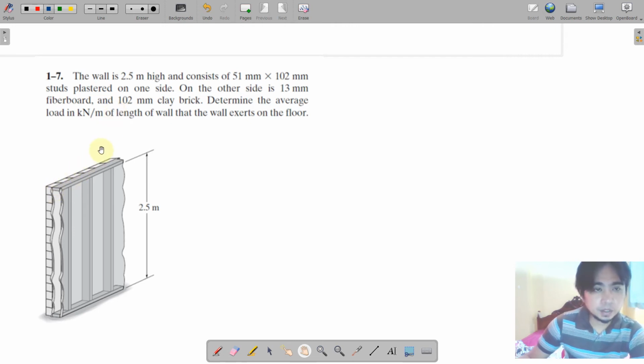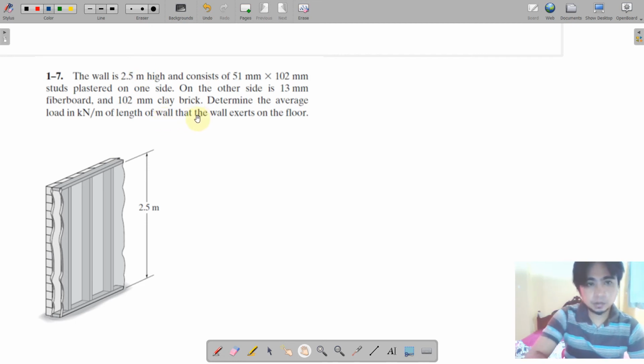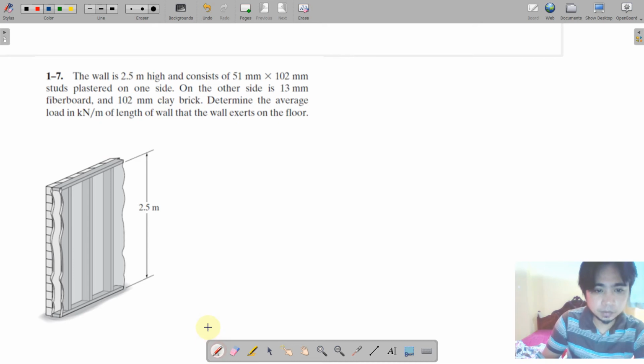So how many materials will there be? Number 1, we have studs.